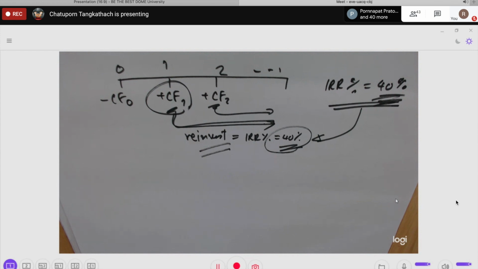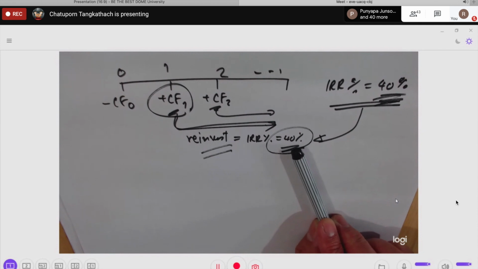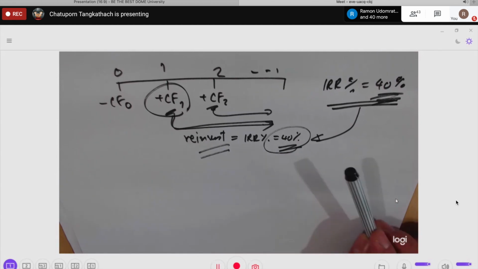Deposit the money in the bank. The most you get today is like 3% or 2%, not 40% per year. That is too high. Or if you could reinvest at 40% per year, I don't think you can sustain it all the time. So the assumption here is not correct.